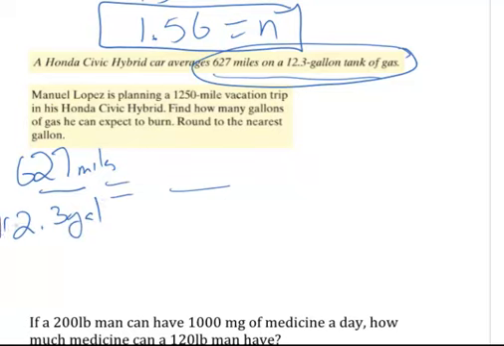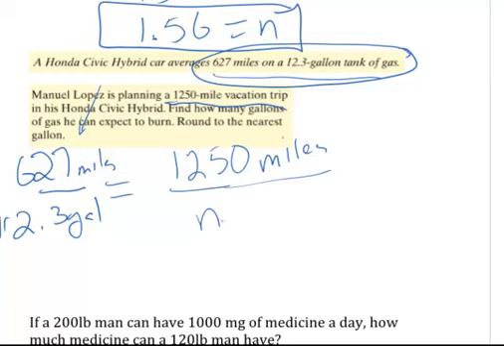And now, when I look at my problem, I know exactly how many miles Manuel is planning on driving. He's planning on driving 1,250 miles. Since my number on the top part of this fraction deals with miles, then my number on the top of this fraction is also going to deal with miles. And down here, I'm going to put n for the gallons of gas.